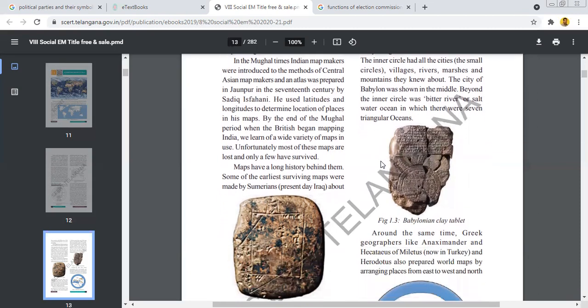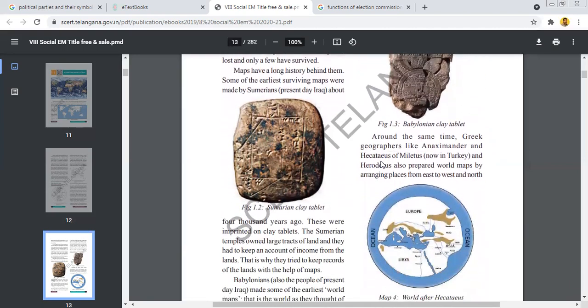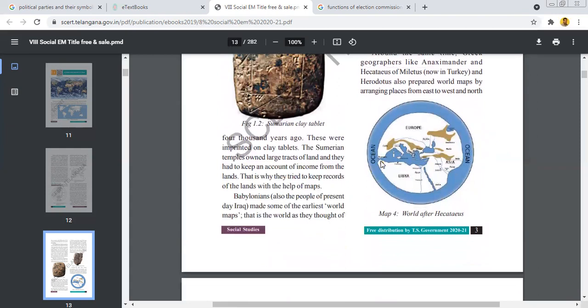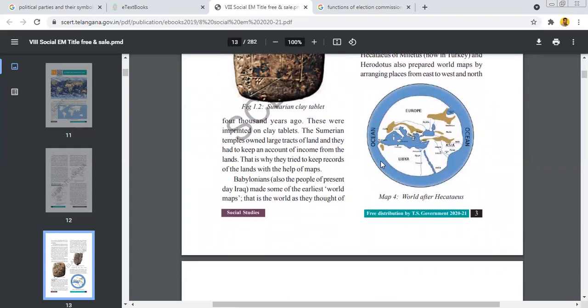Okay, and later also so many people used these books. So before discovering these books, they thought their country was in the middle of the world.